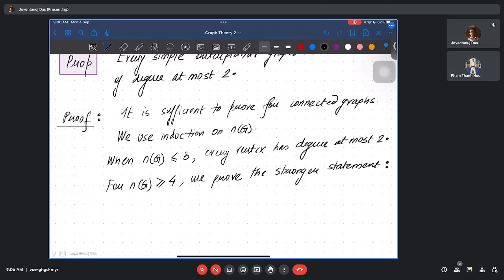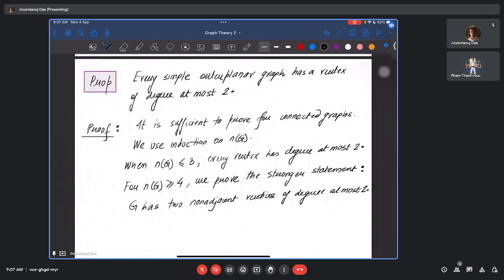That G has two non-adjacent vertices of degree at most 2. They are asking for one vertex, but here we are proving a stronger statement, that it has two non-adjacent vertices of degree at most 2. So that will suffice.